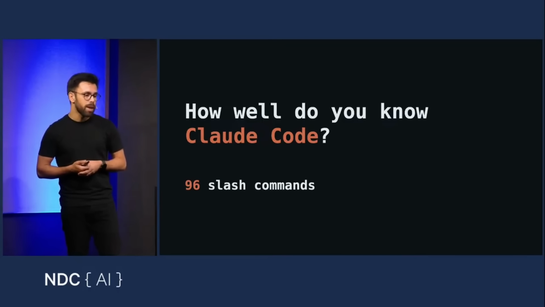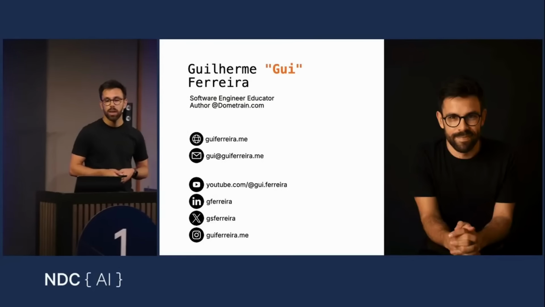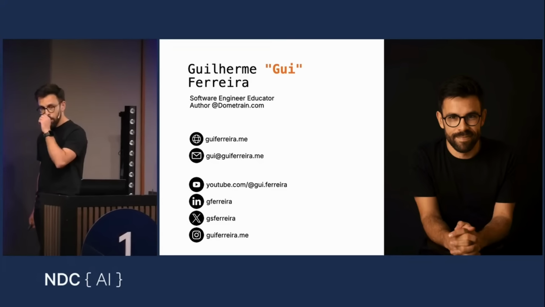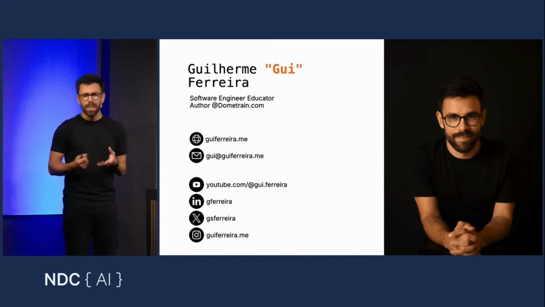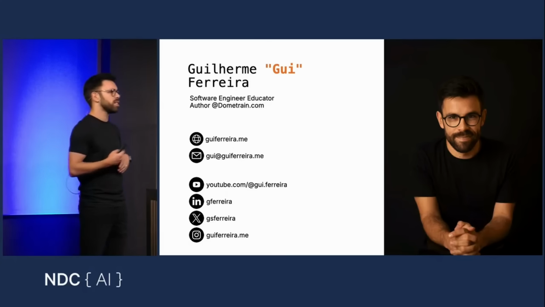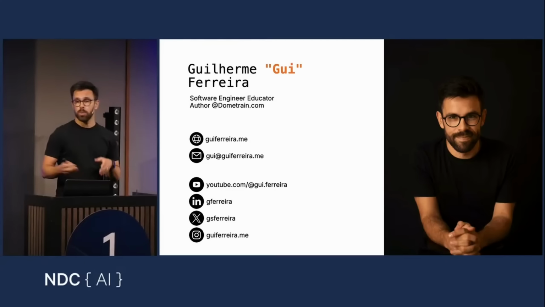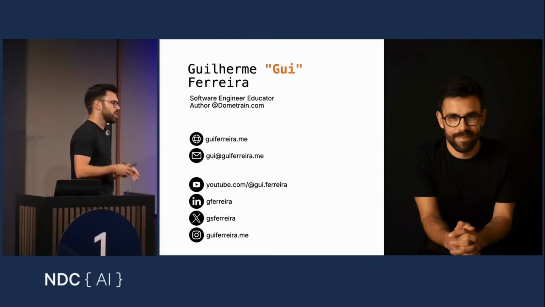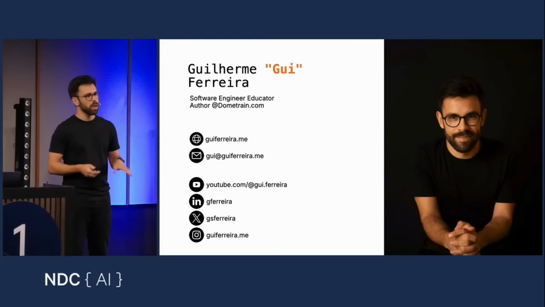During the past few months, I have been running workshops with companies where I teach about Anthropic's Claude Code. And I realized that often we start with Claude Code, and since it's so powerful, you start writing code, debugging code, fixing bugs, all of that, and quickly you stop.